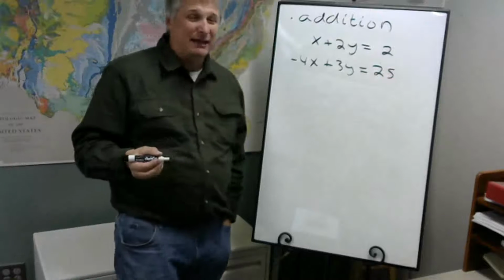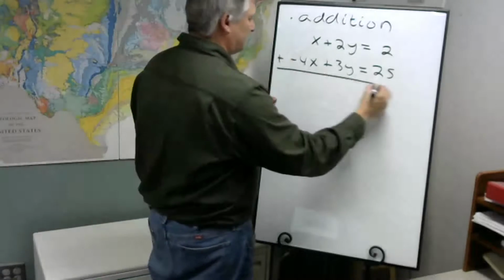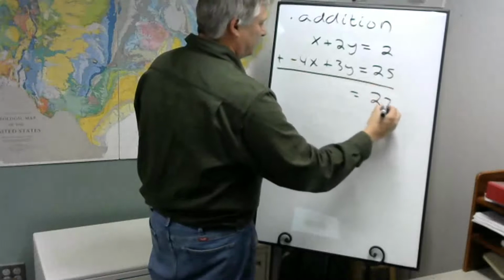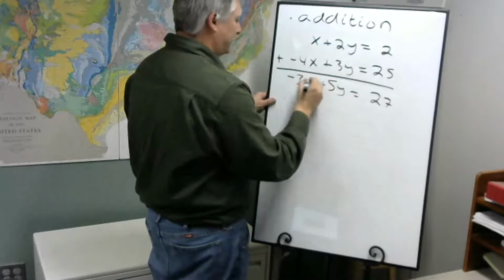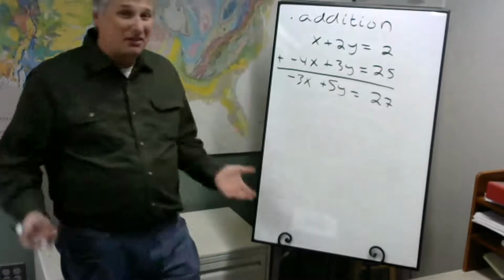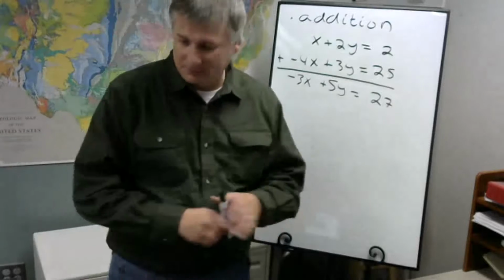Now, if we think about adding these, what we're going to get is 27, 5y, and negative 3x. Nothing canceled. So what could we do about this?